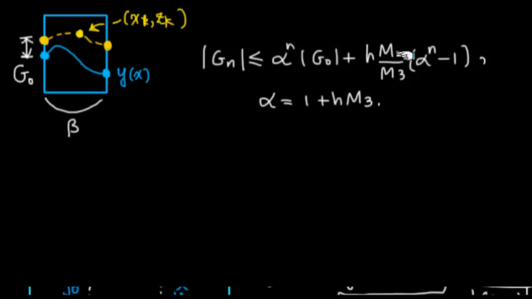This m2 and m3 were absolute constants, and m2 was the absolute value of the second derivative, this one divided by 2. m3 was the maximum value of the absolute value of the partial of f(x,y), the right hand side of the differential equation. The key thing is that these are absolute constants depending on this box in here. And we're about to change the box, so we have to be careful what we mean by exactly m2 and m3.